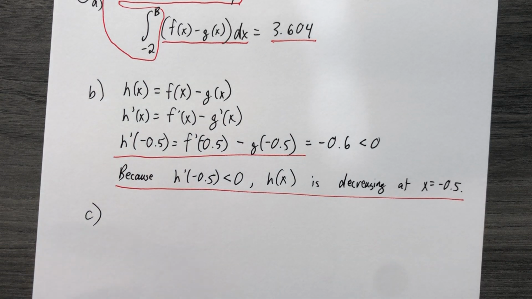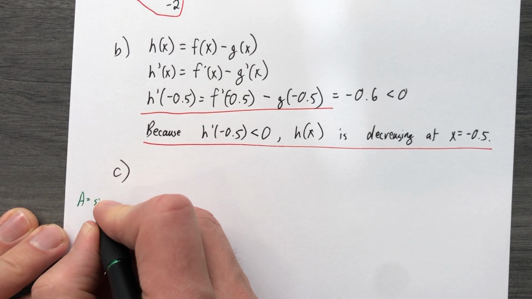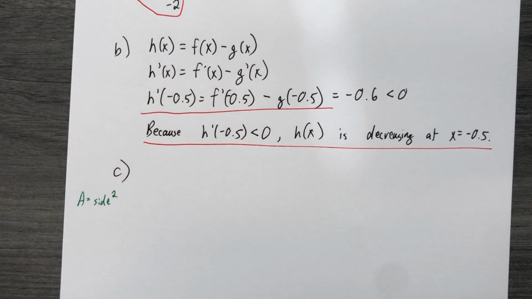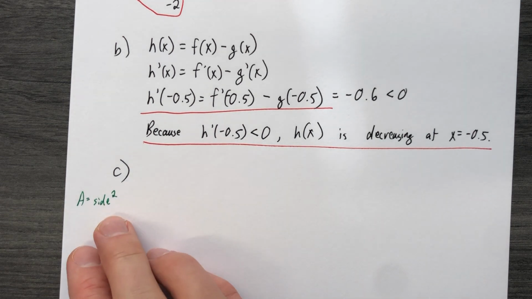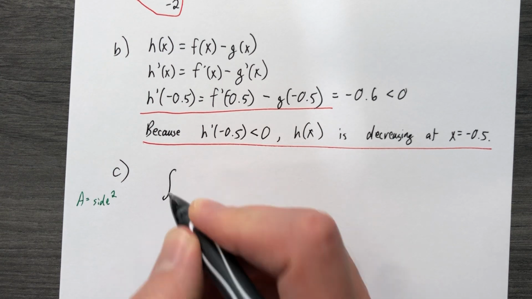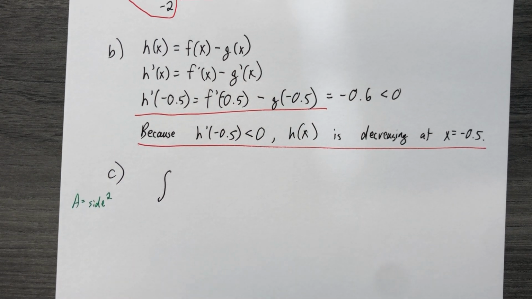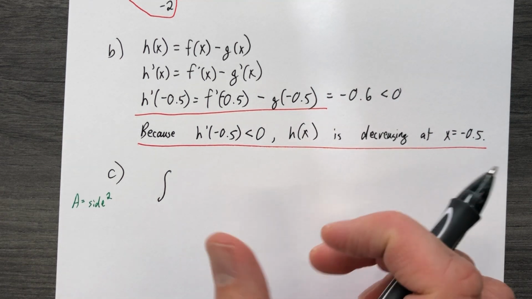You do not have to write what I'm about to write in green over on the side of the page, but the area of a square is the length of the side squared. When I taught this and filmed a video on this, I used that to guide what's about to happen, because an integral is the accumulation of something. Generally, it's the accumulation of lengths to create area.